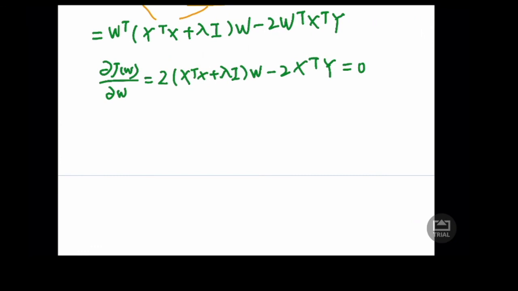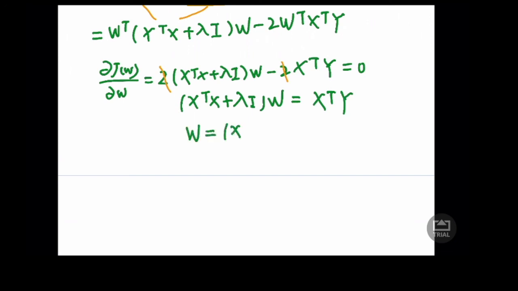We cancel 2, and then (X transpose X plus lambda I) W equals X transpose Y. So W should be (X transpose X plus lambda I) inversed times X transpose Y.